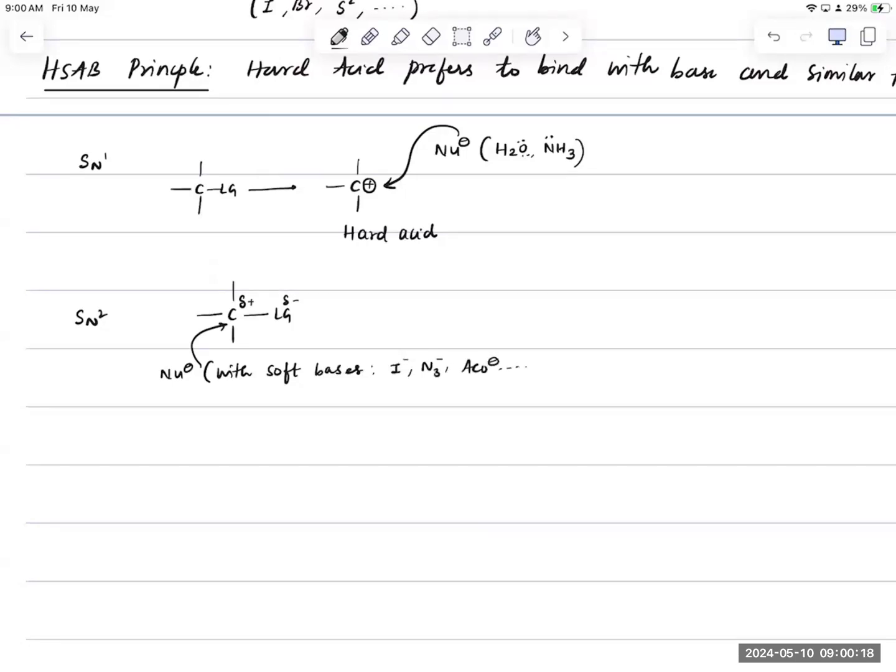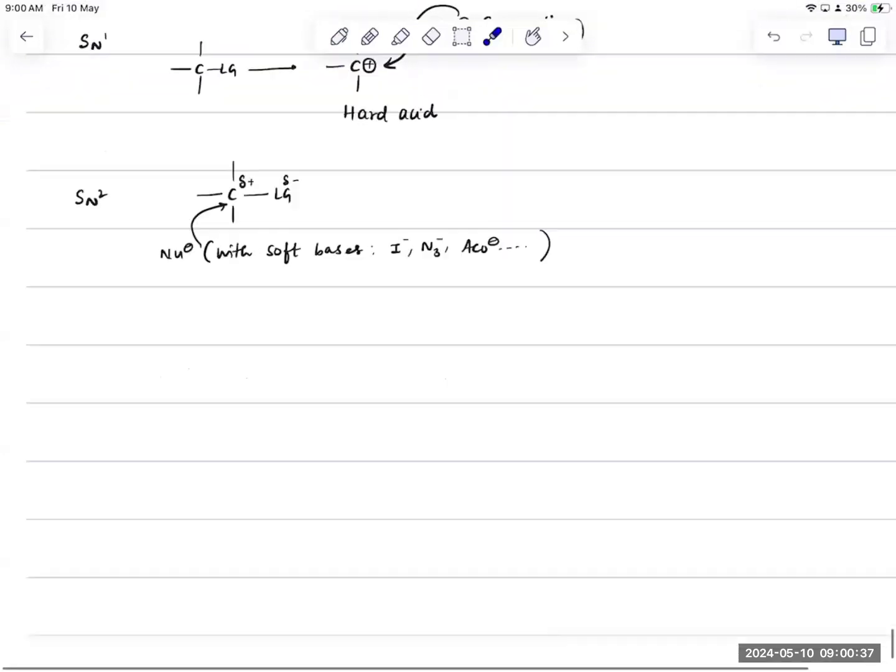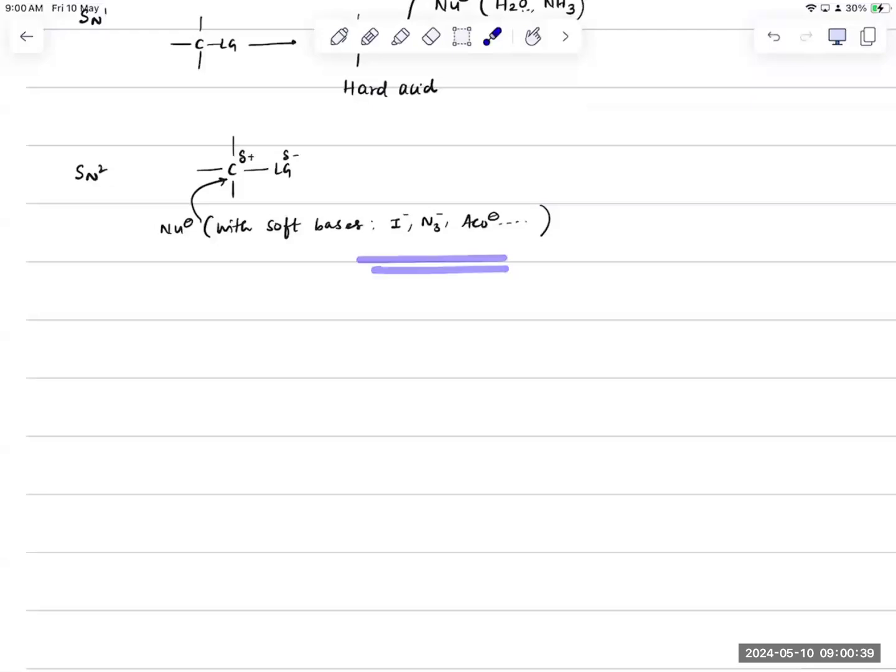These are all soft bases. Because they are soft bases, SN2 is more preferable. Now we know that NH2 minus, OH minus will not attack that easily in SN2. Rather, they'll go for elimination reaction, isn't it? So in SN2, soft bases are more preferred.